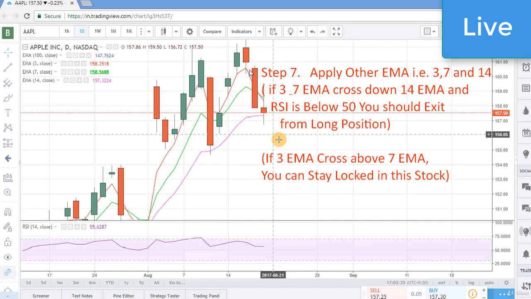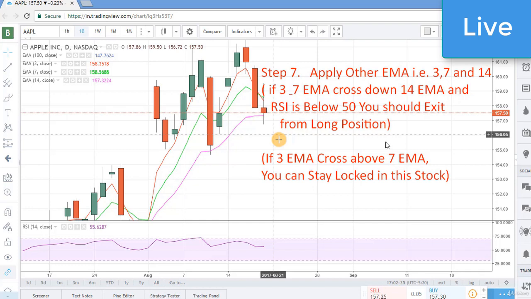So the figure will be, this red line will be on the top, then below that the green line, and then the pink line will be at the bottom. So the fastest moving average should be above the other two moving averages. If this happens, you can just stay long with this stock, as this is a really good stock, and you have seen that the stock is rising from 2010, so it is going to be profitable for you.